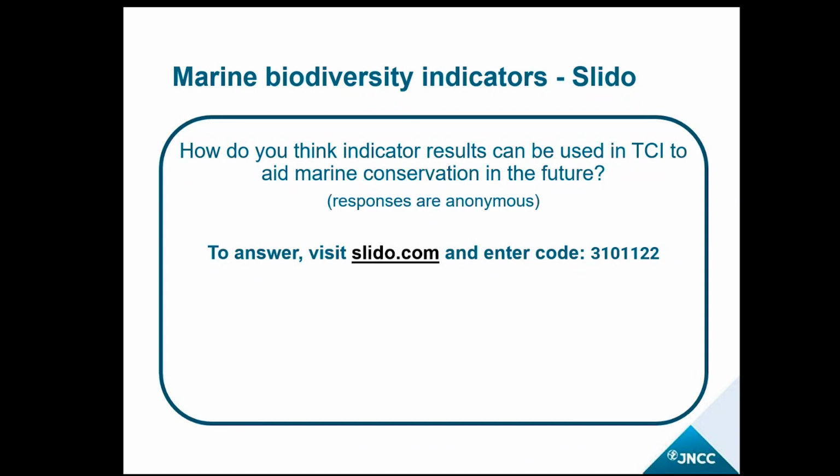You've got bring in investment, that's a good point. You can use indicators to potentially lever funding for certain areas. Protected area management, that's a big one. See if your protected areas are working and where to direct the limited resources you've got for management. Health status of habitats, yes.